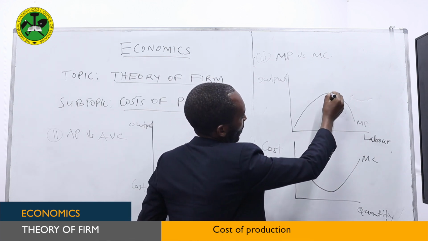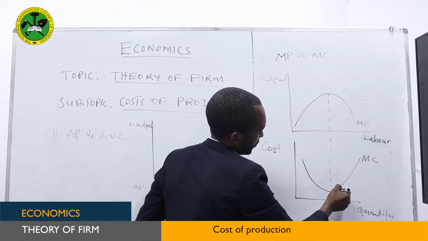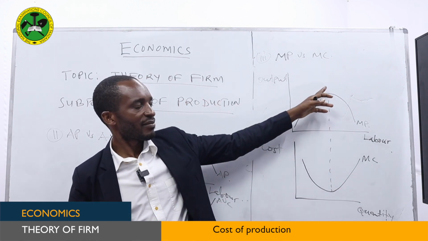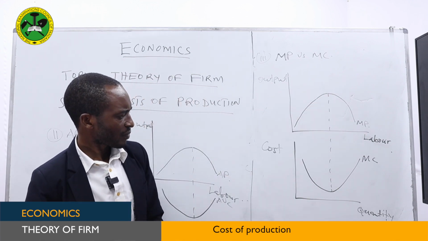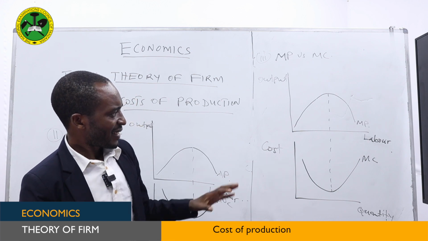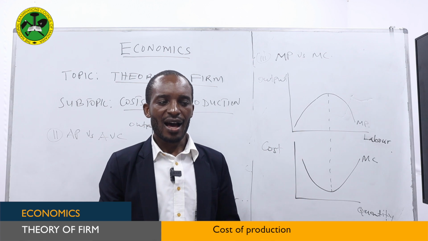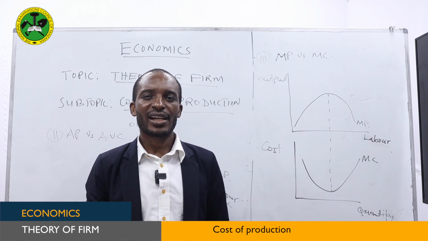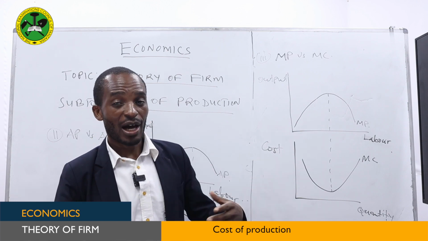So we can show it like this. Here is the maximum and here is the minimum. So this is how the relation between production curves and cost curves behaves or appears.